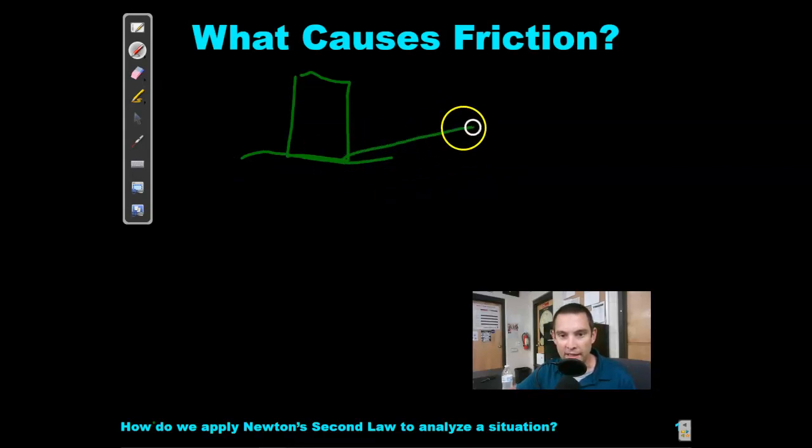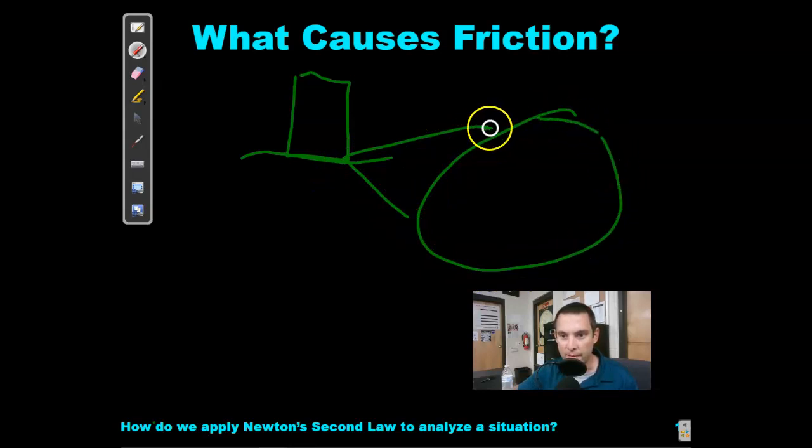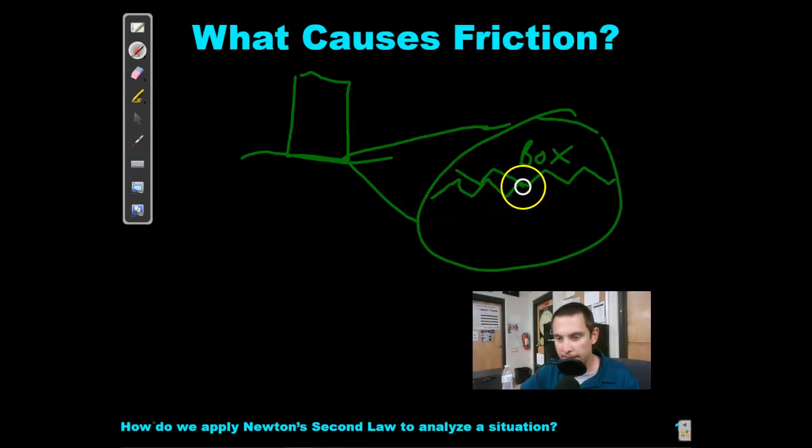If we zoom in to this and we look at what's actually happening on the molecular level, it's going to kind of look like this. So for the surface of the box, there are these small little ridges. This is the box. And then for the surface of the ground, there are these other little ridges. And these ridges come in contact at certain points, and that's where your bonding is happening.